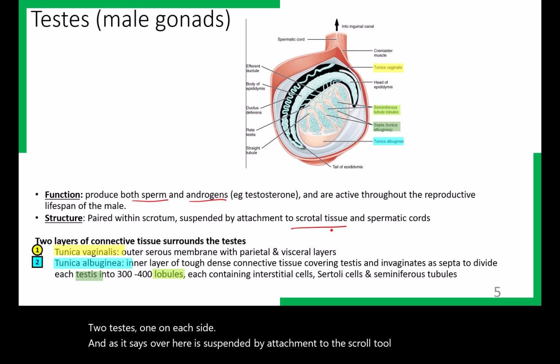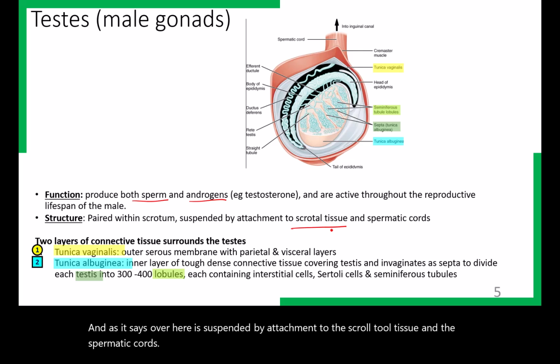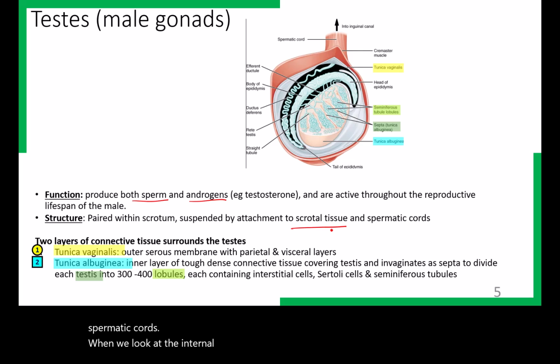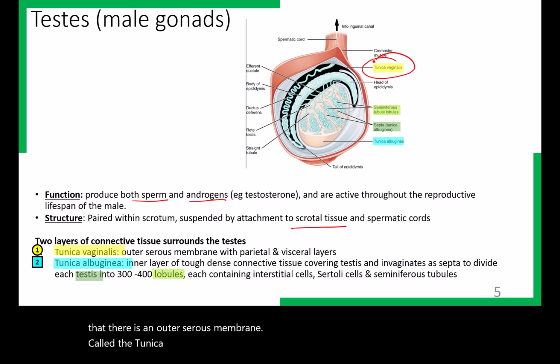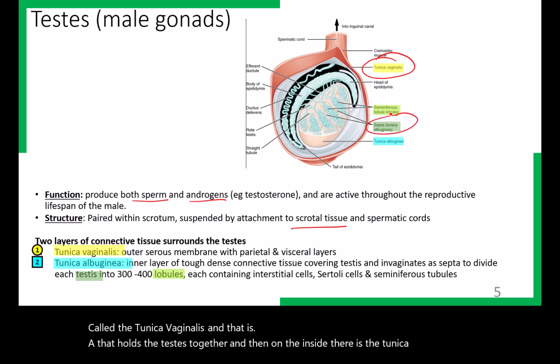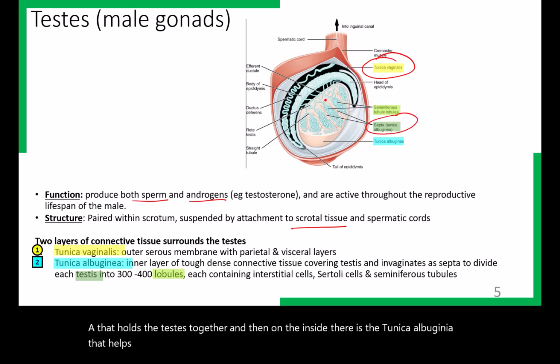and the spermatic cords. When we look at the internal architecture or anatomy of the testes, what we can see is that there is an outer serous membrane called the tunica vaginalis that holds the testes together. And then on the inside, there is the tunica albuginea that helps to divide the testes into 300 to 400 different lobules with the help of the septa.